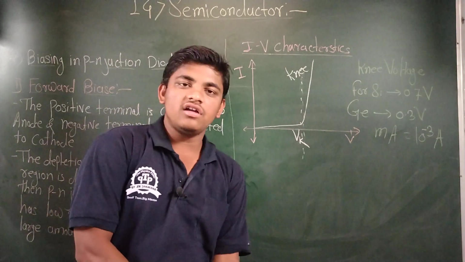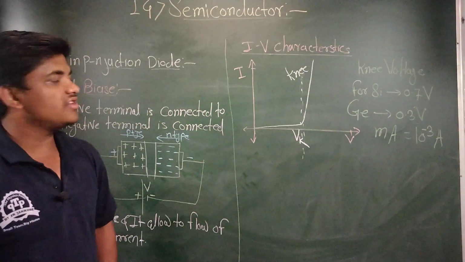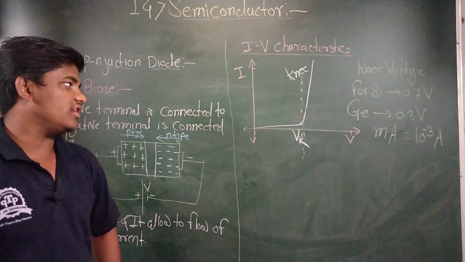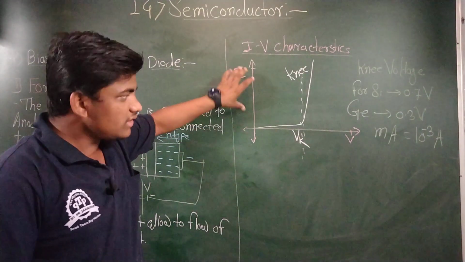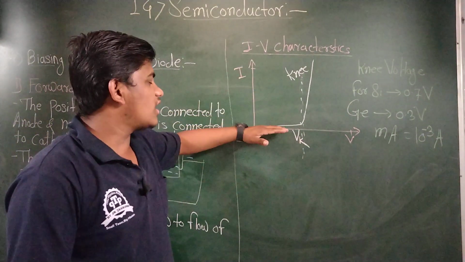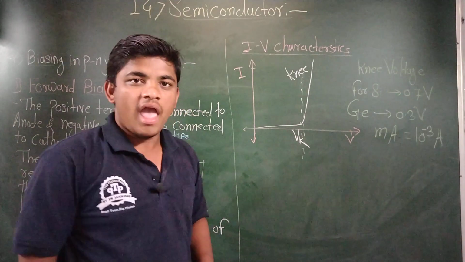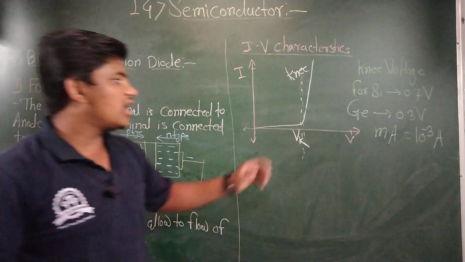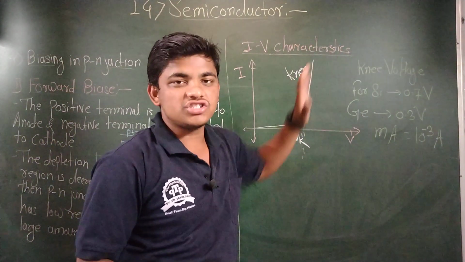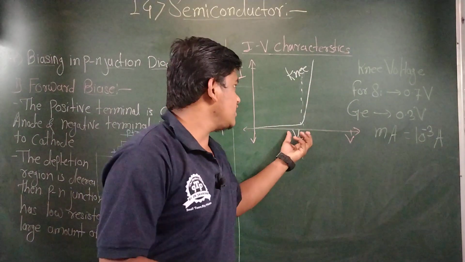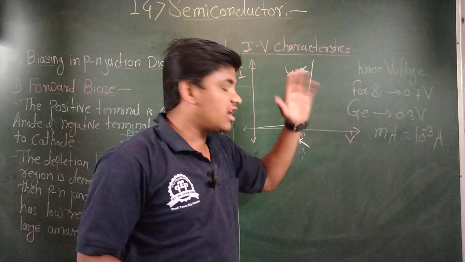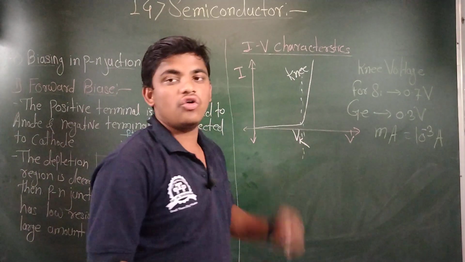IV means the graphical representation of current versus voltage. Initially the current is very low, and at a point the current is sharply increased. This point is called the knee point, and the corresponding voltage is called the knee voltage.